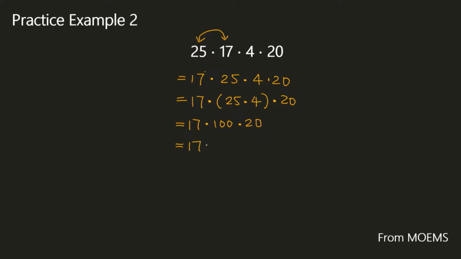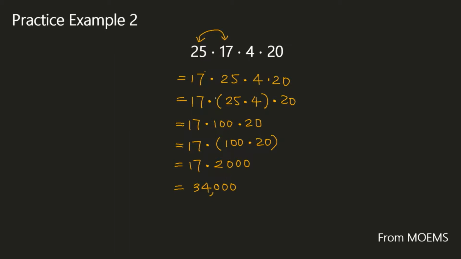So this becomes 17 times parentheses 100 times 20 close parentheses, which gives 17 times 2,000. Okay? And the answer is 17 times 2 is 34. There's 3 trailing zeros coming from the 2,000. So the answer is 34,000.